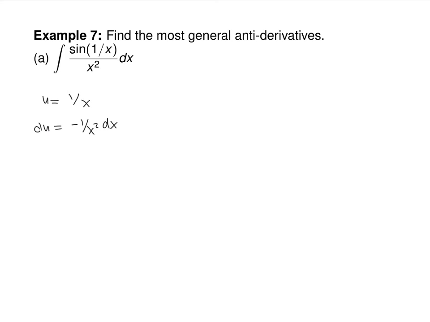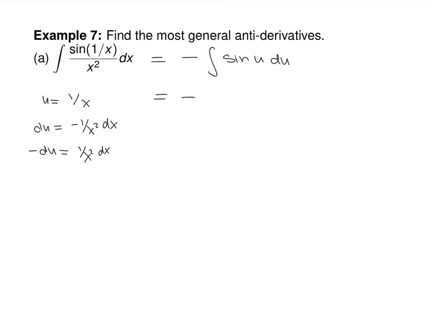You don't have -1 over x squared. You have 1 over x squared. So move the negative over with the du. So this will be negative antiderivative of sine of u. If you make the right substitution, the antiderivative should become really, really easy.